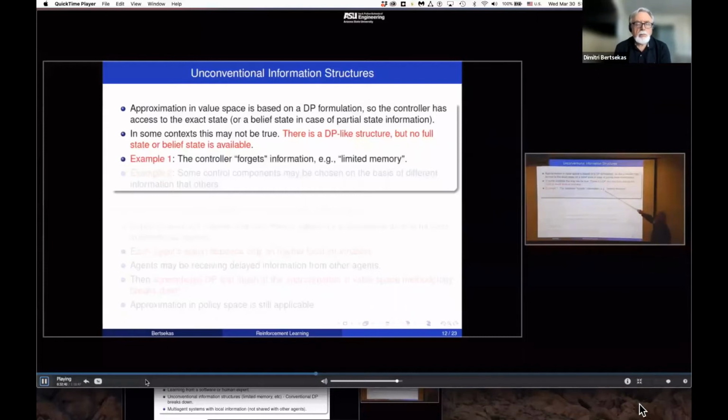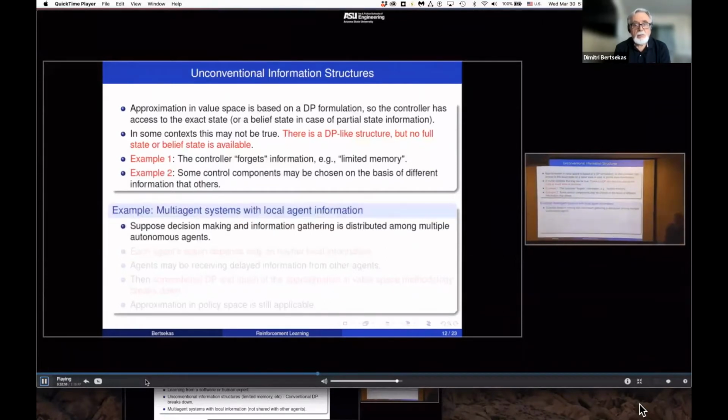One possibility is that the controller forgets information. Another example is that some control components may be chosen on the basis of different information than others, like in the multi-agent setting that I noted earlier.